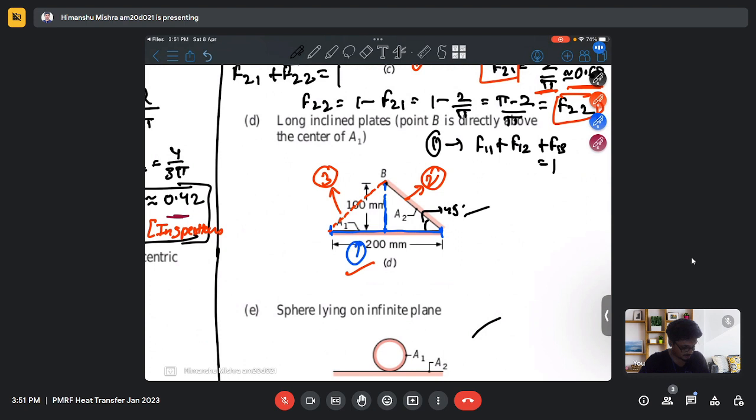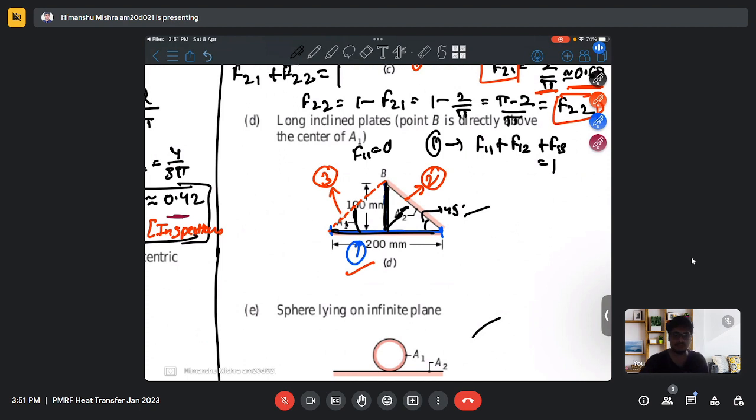we can see that F11 is again 0 because it's a flat surface, and the radiation will go to 3 and 2. And from the symmetry we can see that half the amount of the radiation will go to 3 and the remaining half will go to 2.